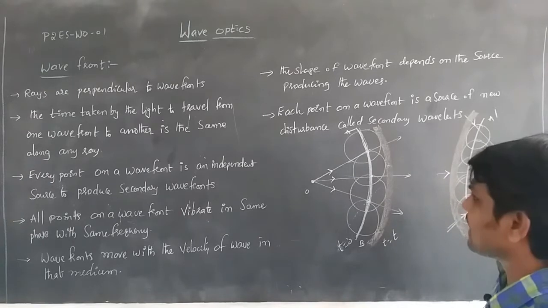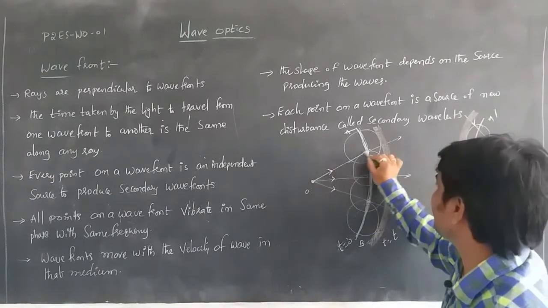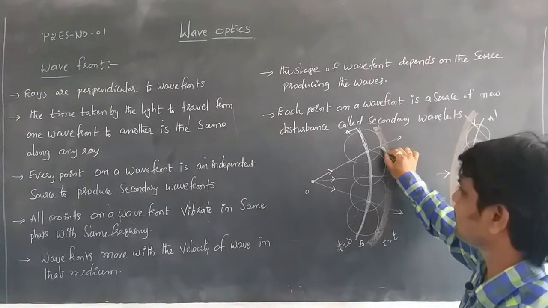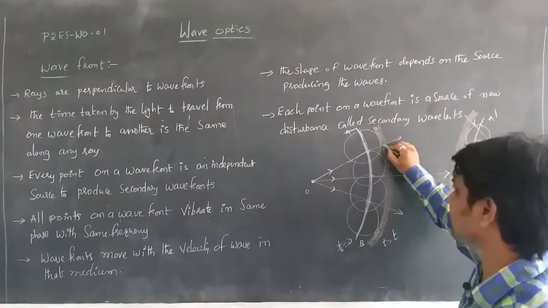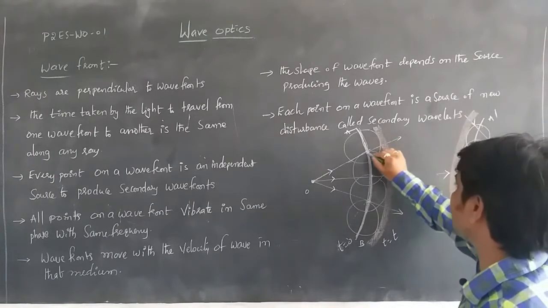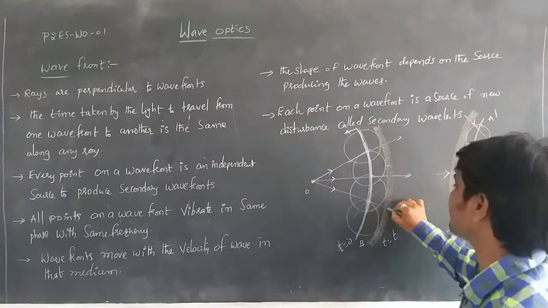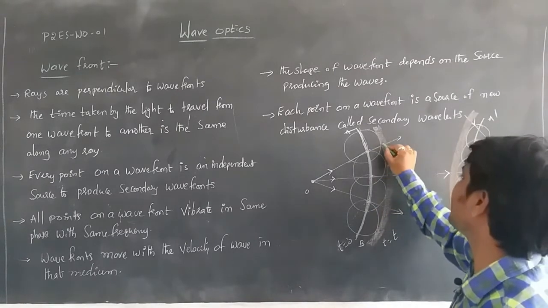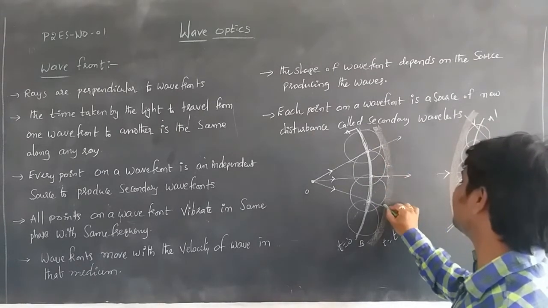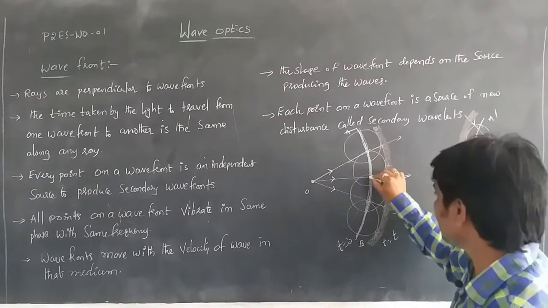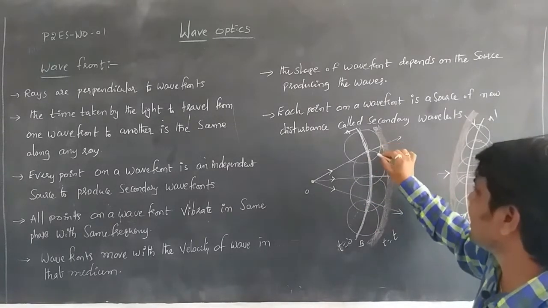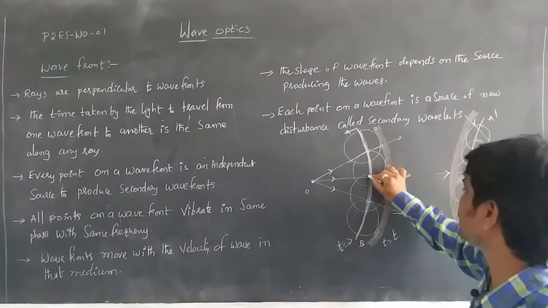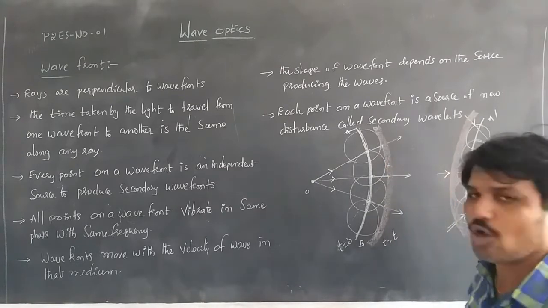Then the time taken by the light to travel from one wavefront to the other is the same along any ray. The total time taken along any ray will be the same. This is the perpendicular, and the time taken by light to travel from one wavefront to the other is the same along any ray.